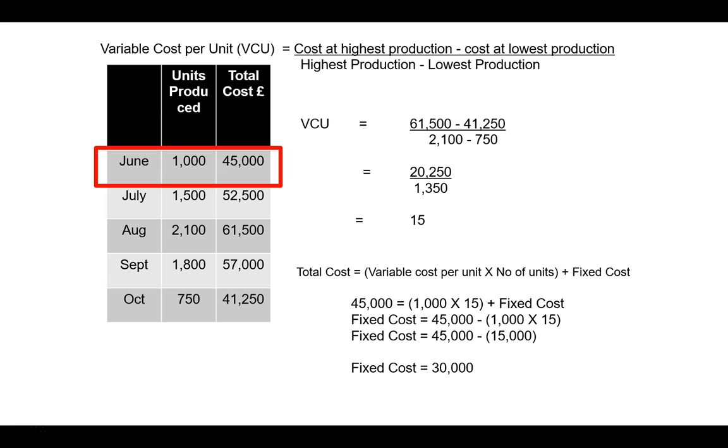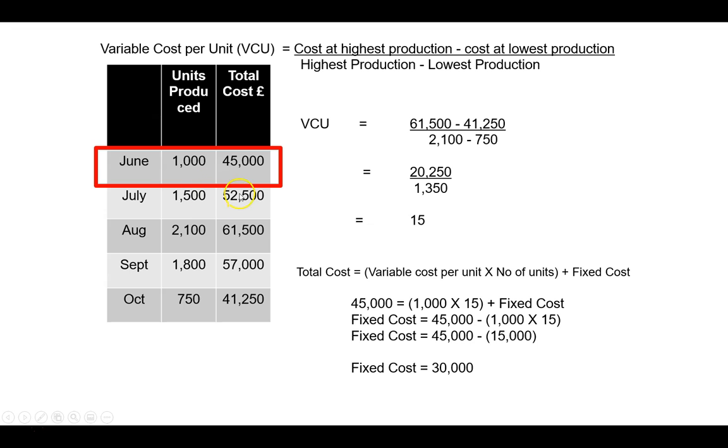Okay, so semi-variable cost. So what is telling us that for these cost over here, which is semi-variable cost, is made up of a fixed cost of 30,000 and then the variable cost, you just multiply a variable cost per unit by the unit. So for June, 30,000 is your fixed cost, and then 15,000 is our variable cost.